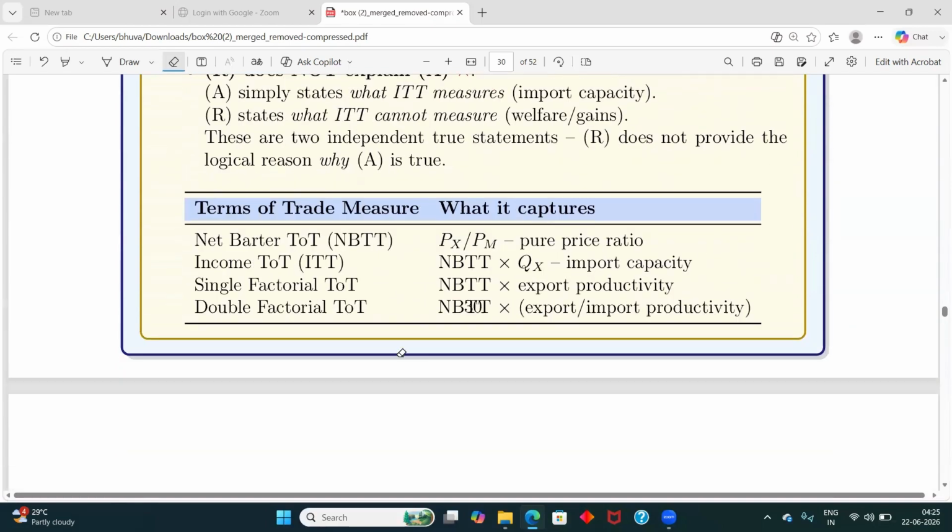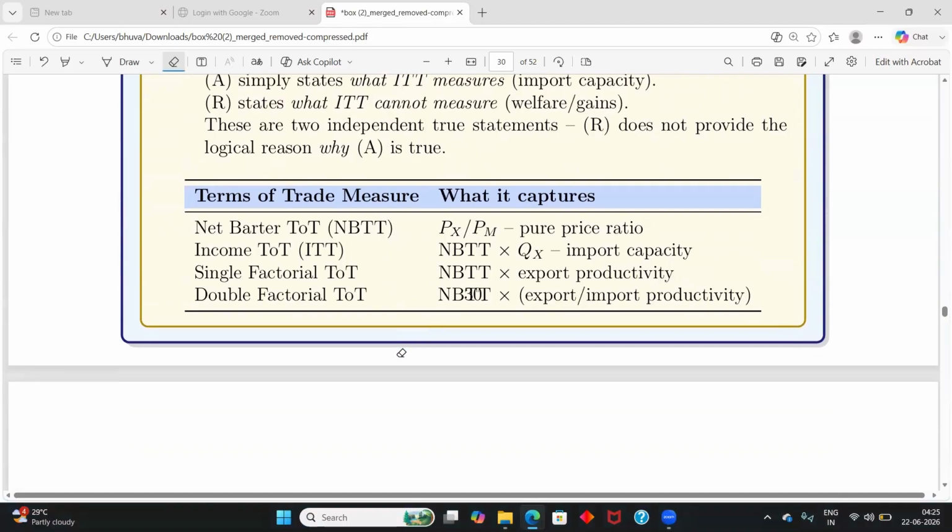Now let's see some other things: what the terms of trade measures capture. Net barter terms of trade is equal to export price divided by import price. It is a pure price ratio. Income terms of trade, ITT, captures the net barter terms times the quantity of exports, that is, import capacity.